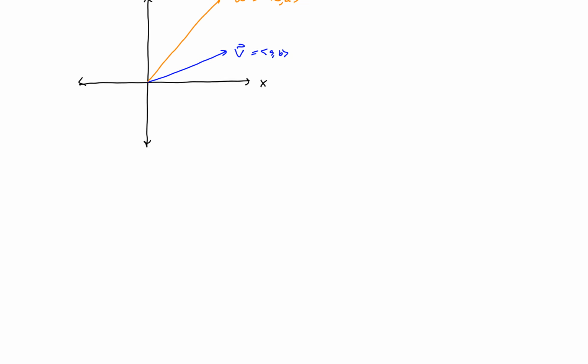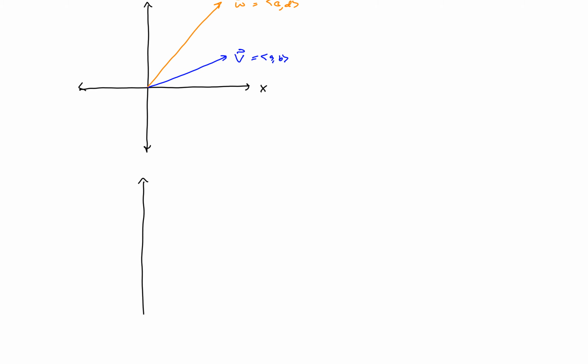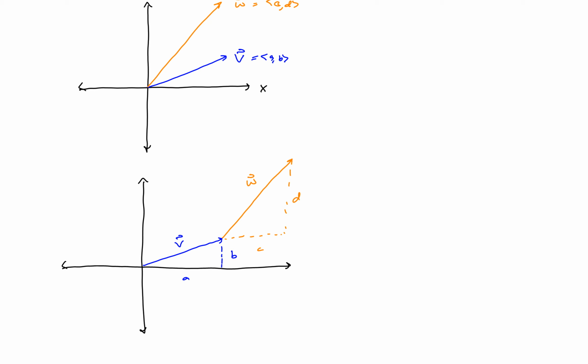So let's move the vectors and reposition. So let's leave v where it is. So this is v. So I know this distance here is b, and this distance is a. And now let's take w and let's place it at the end of the vector here. This is w. So I know this distance here is c, and this distance here is d.